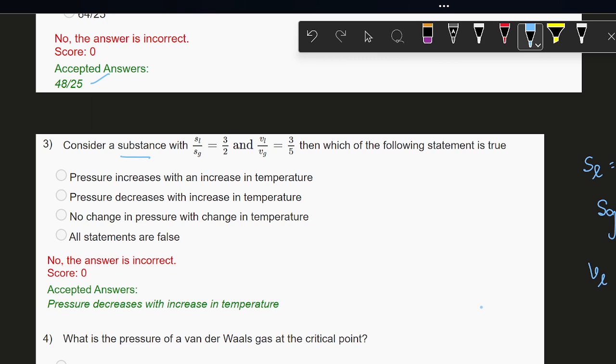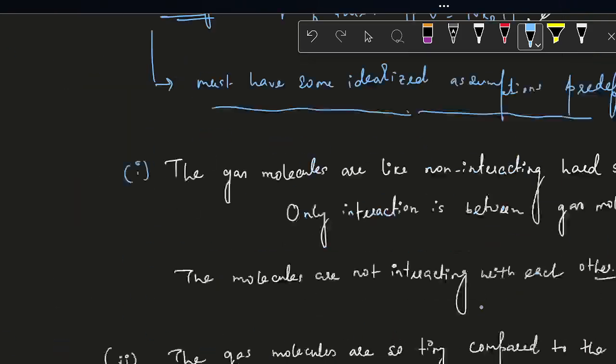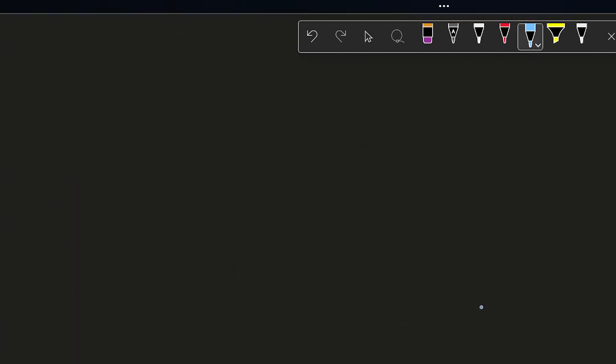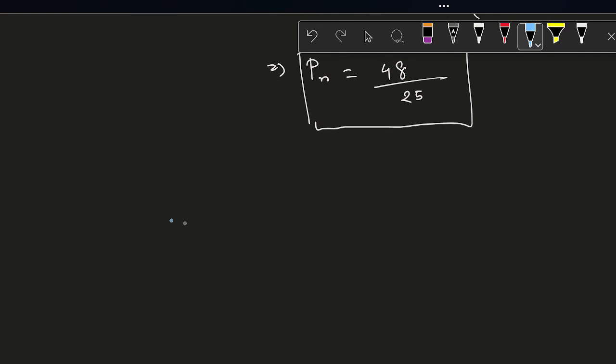So you have to know from this information what relation connects the pressure and temperature for the substance. That takes us to our Clausius-Clapeyron equation that we can directly make use of, but let us go a little bit backward and try to understand how we are getting this. This will not be long. So first of all, we can draw the phase diagram.